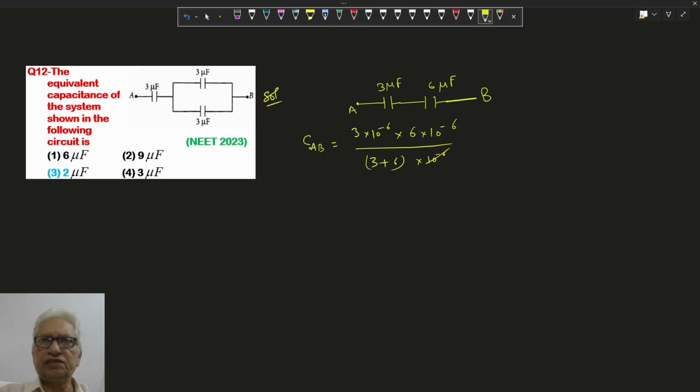So this cancels out, will become 18 upon 9, which is 2 microfarad. Option here is 3.